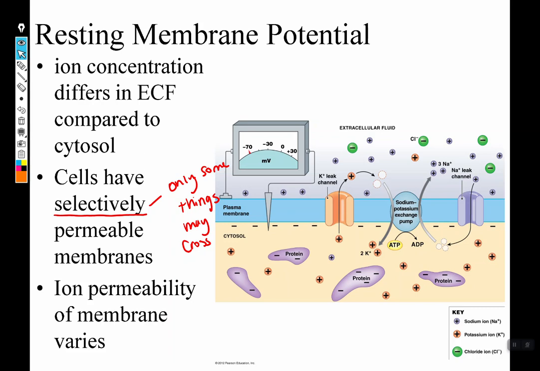Some things can only get out and not in, other things can only get in and not out, some things can go either way, and the cell controls this using transmembrane proteins. And these proteins can either be proteins that are going to do work, so things like the sodium-potassium exchange pump, or proteins that basically just create an open tunnel for stuff to pass through.